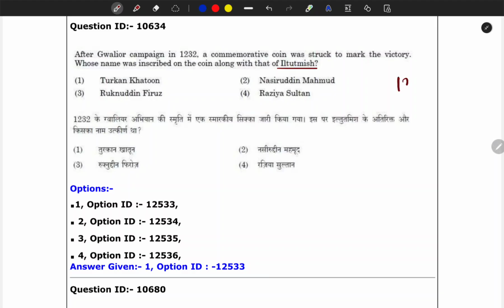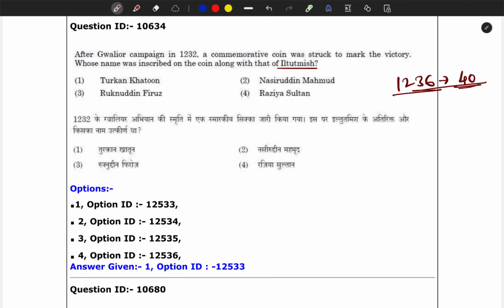There was a time when Rajia Sultan was made the Sultan between 1236 to 40. If you don't know about Iltutmish, he actually loved his daughter and he trained her to be a ruler. This was the instance when he introduced his daughter to the ruling class.